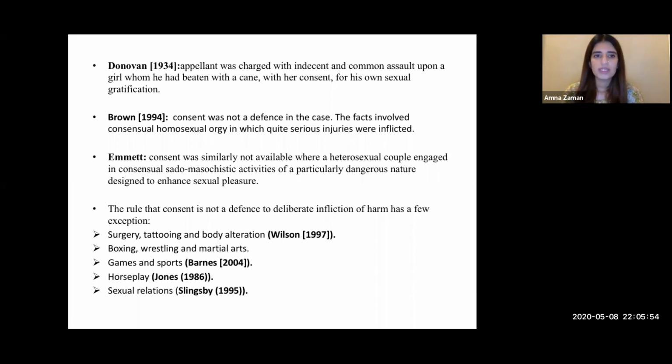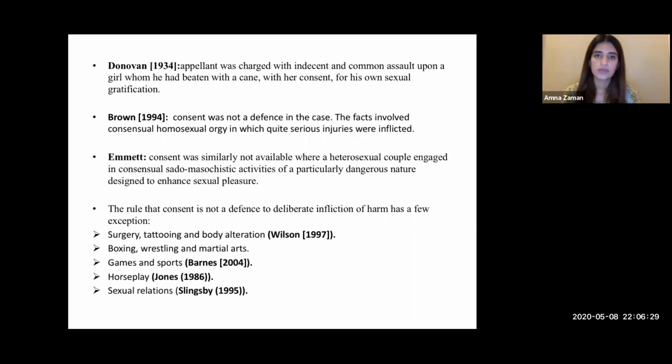However, the rule that deliberate infliction of harm cannot be consented to has certain exceptions. The first exception is surgery, tattooing and body alteration. So if you're getting a surgery done and it's medically prescribed, or even if it's a cosmetic surgery which is considered as something normal according to the standards of your society, that will not amount to an offense in crimes of violence, and your consent for the surgery will be a defense.